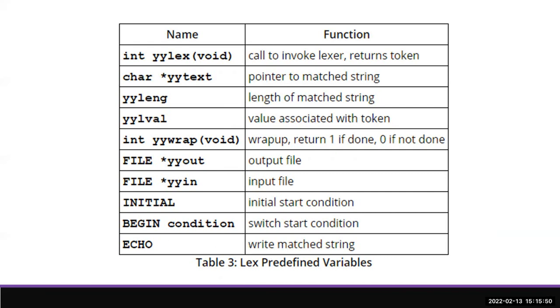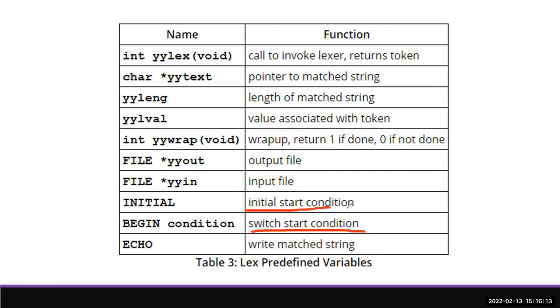Let's look at the first one, a symbol called ECHO. ECHO will directly write the matched string. This is a special symbol in the Lex file. So ECHO just echoes the matched letter.